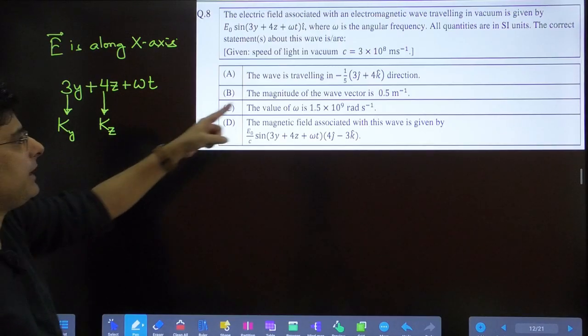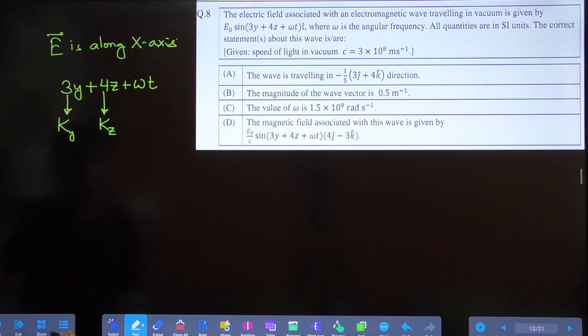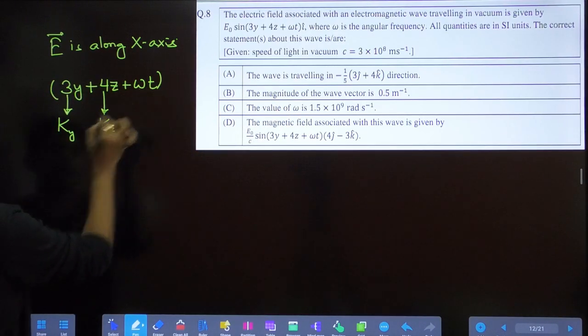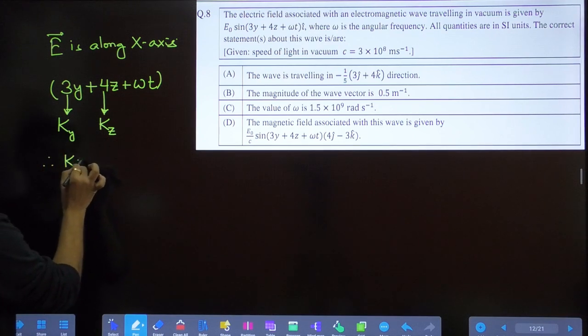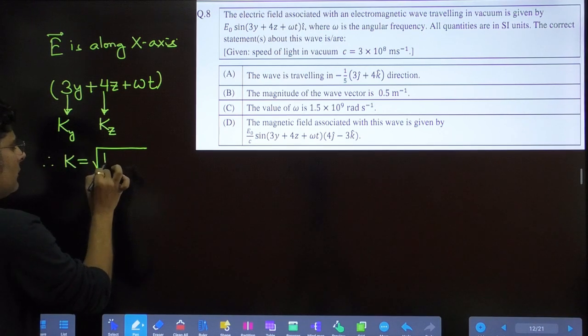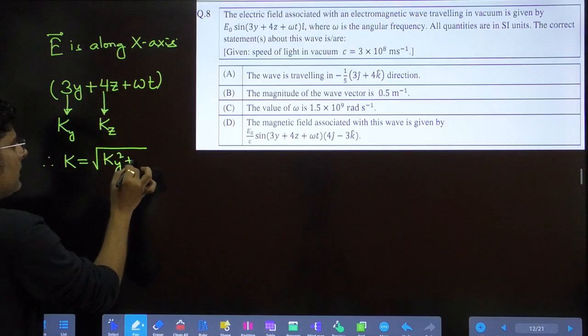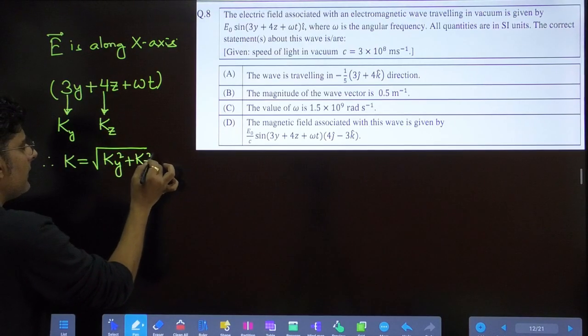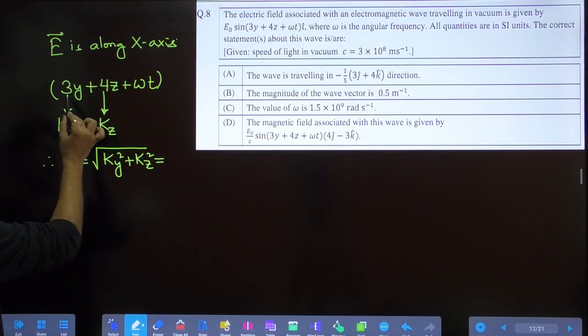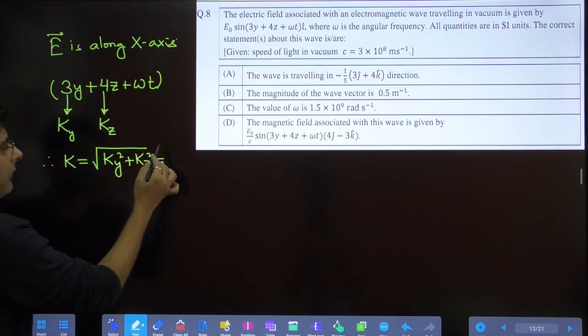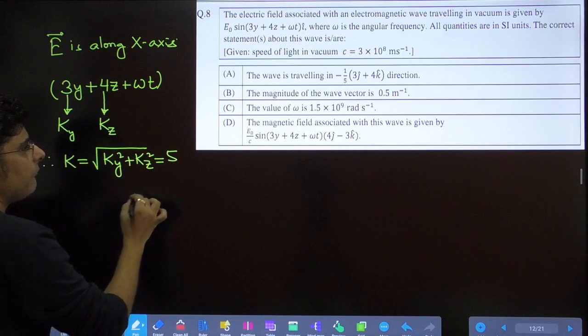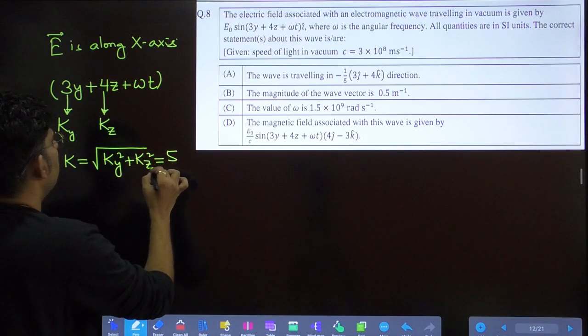So when they are saying the magnitude of the wave vector, first of all we can say the wave vector k is under root of ky square plus kz square. So 9 plus 16, 25, root 25 will become 5.